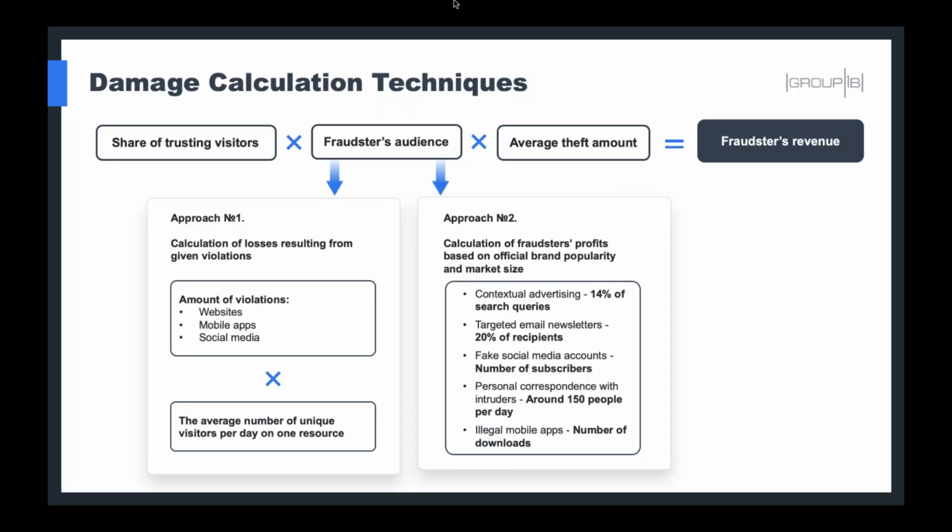So the first approach is calculation of losses resulting from given violations. So you detected like 100 violations or 1,000 violations, and you are trying to make any calculations in regard to this number. And the second approach is trying to calculate the fraudster's profit based on a brand's popularity.